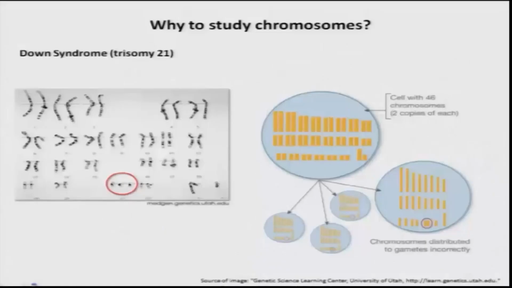One example is Down syndrome, which results from 3 copies of chromosome number 21. This is a karyotype of an individual who shows this particular syndrome. This is one of the common mental retardation syndromes where the IQ, the intellectual ability of the individual, is very low. There are many congenital abnormalities in development, and this individual, the patient, is fully dependent on somebody throughout his or her life span.